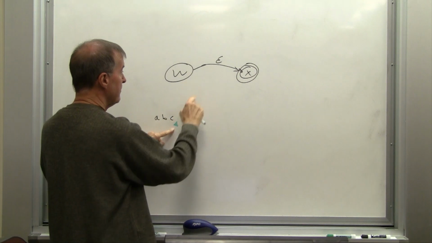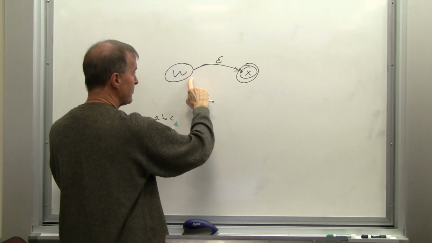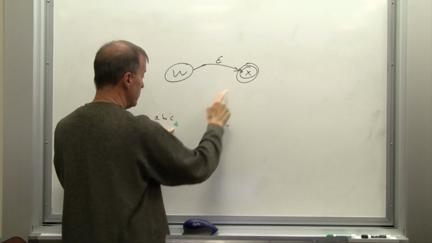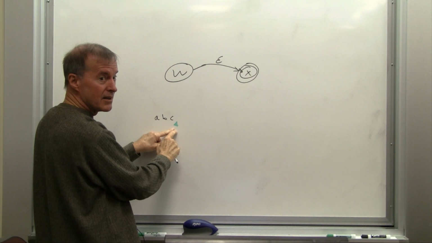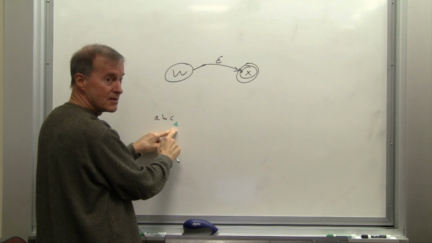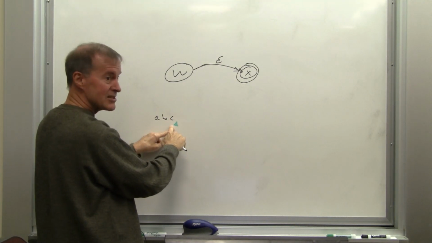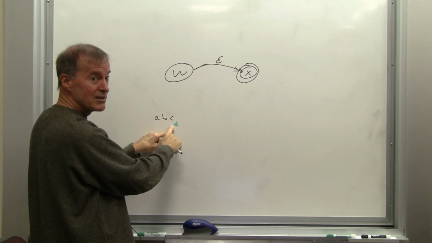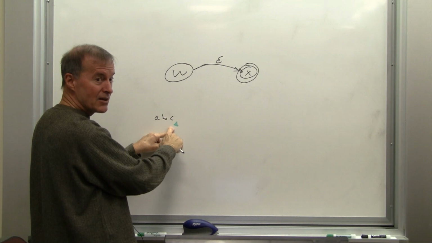But what can you do with this empty transition? You can go from W to X and do what? Not do what? Not scan the next character. So that means with this empty transition, you have success. You end up in a final state, and therefore this would be valid.